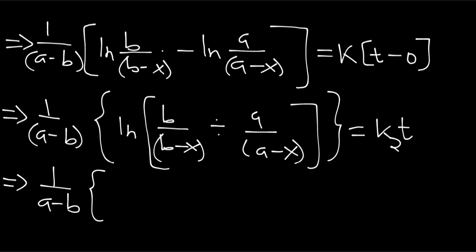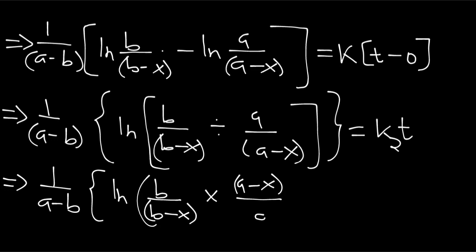So this is going to be ln, and we're going to have B divided by B minus X. I need to bracket this, and this will be multiplied by A minus X, and this will be divided by A. And this is equal to K2 T, right?